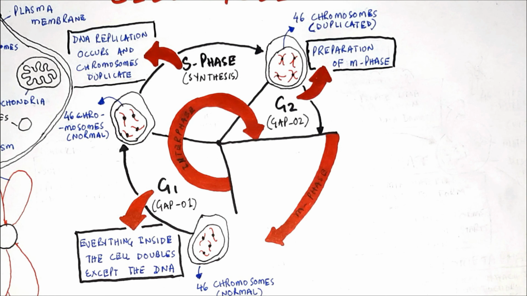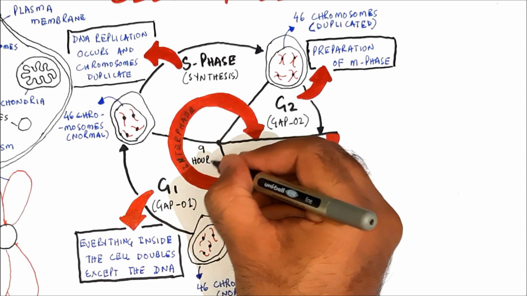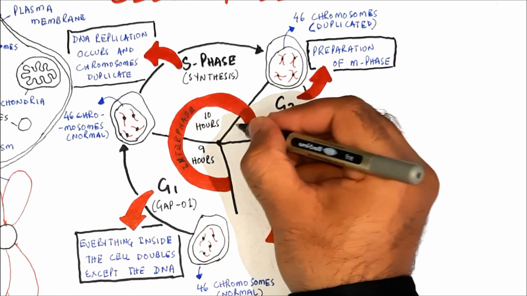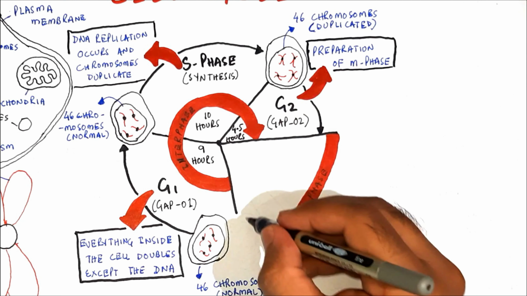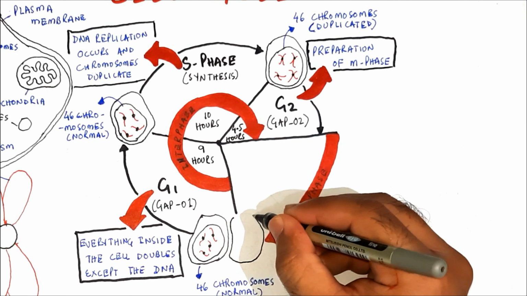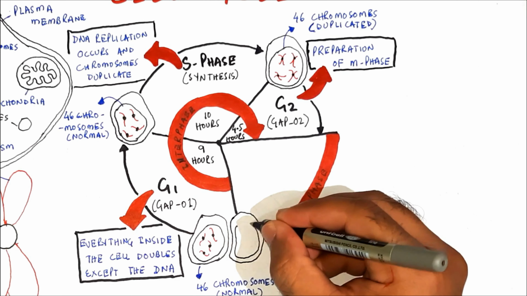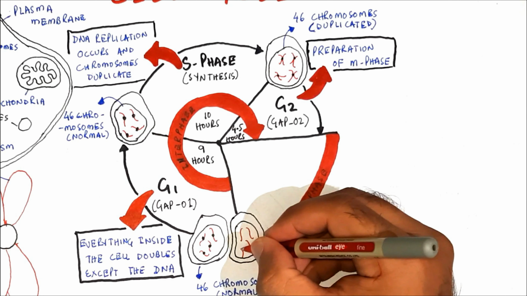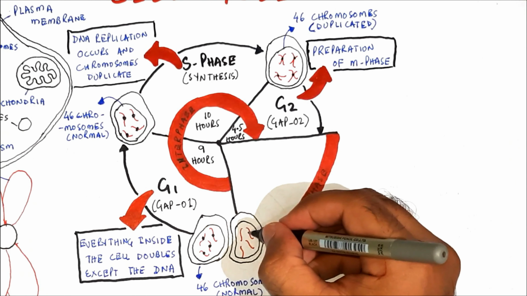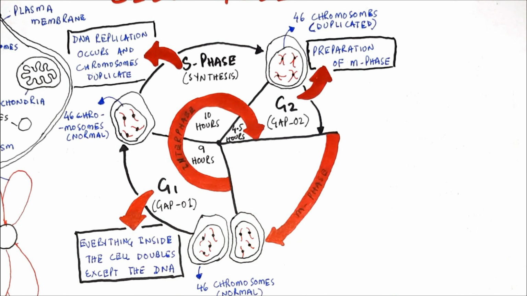G1 phase completes in 9 hours, S phase takes 10 hours, and G2 phase completes in 4.5 hours. After the M phase, we have two daughter cells. These are exactly similar to the parent cell. So let's look at the M phase. In the M phase the cell divides into two.